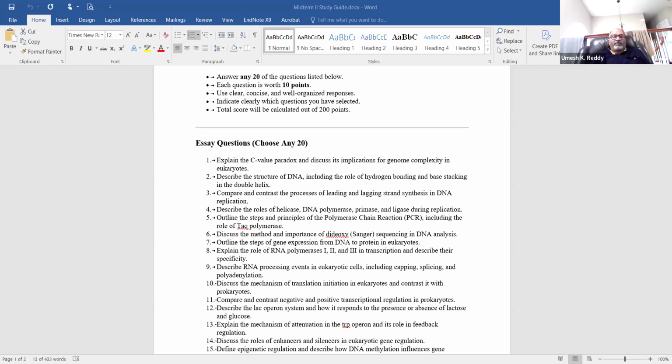Then these polypeptides enter the endoplasmic reticulum lumen, because translation is happening on the surface of the endoplasmic reticulum. These nascent polypeptides enter the lumen where the folding occurs.